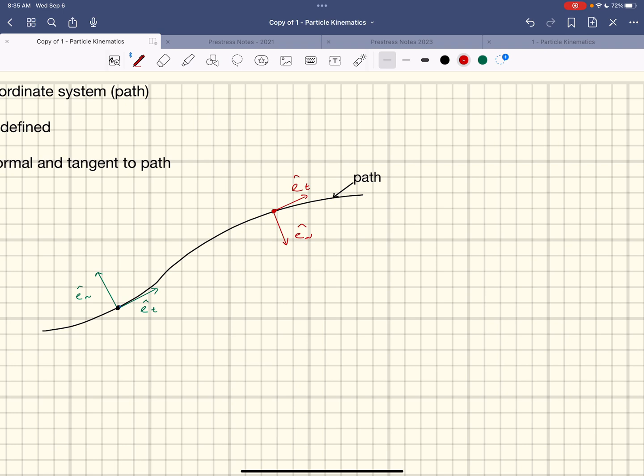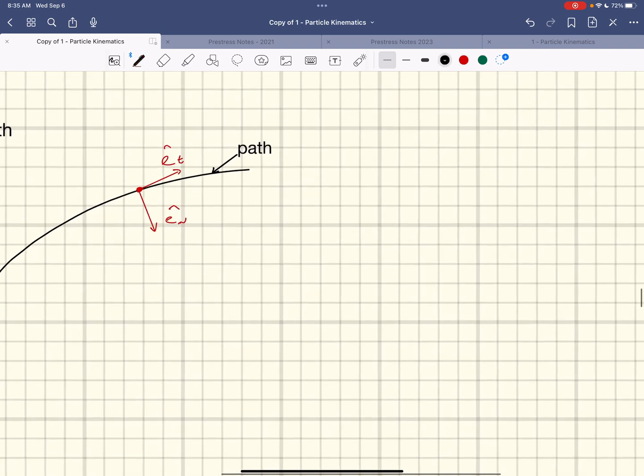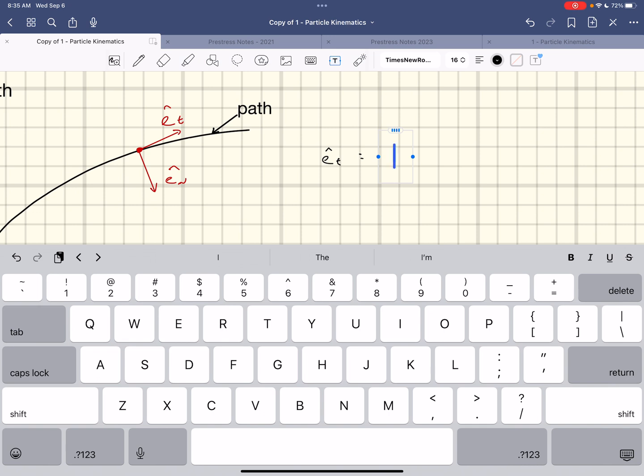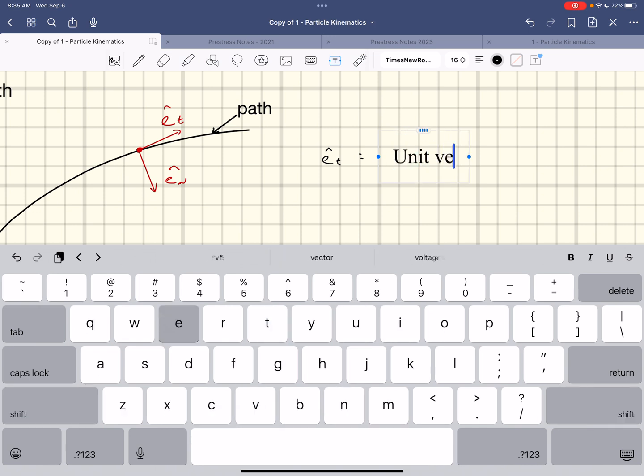Okay, so let's define each of these terms. ET hat is a unit vector tangent to the path.